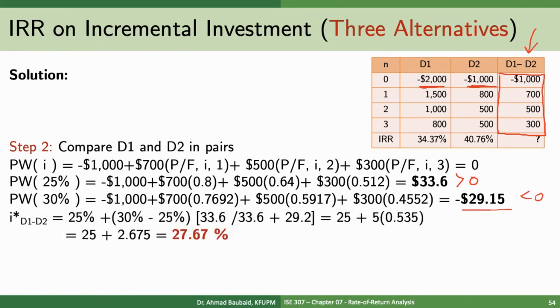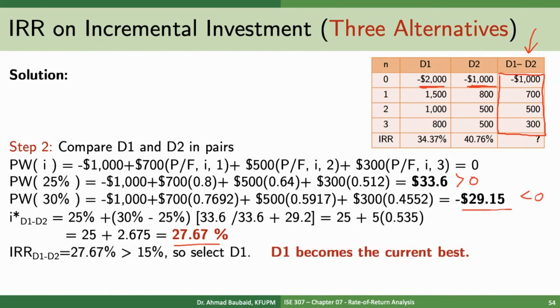If I do that, I plug in the interpolation formula and find this value here. Once again, they stopped. I'm assuming that this is accurate enough. And therefore, they just compared this internal rate of return to the MAR. The MAR was 15%. This is greater than 15%. Therefore, I'm going to select the first project, which is D1. So D1 is the winner from the first round.